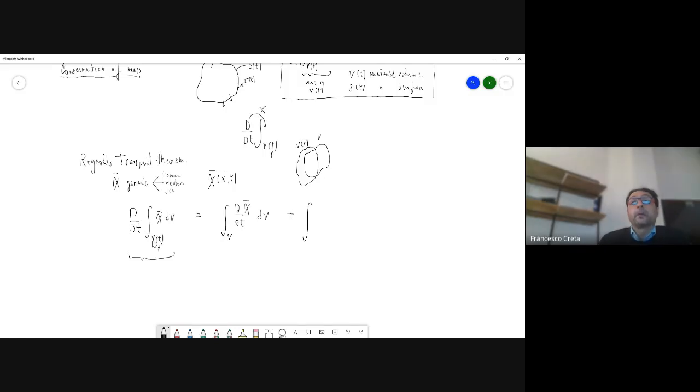At some point we freeze it, and this would be V, this would be S, the frozen surface. And what we have here is the flux through S. So how do you express the flux? Well, you have the velocity field dotted with the normal on S. So that's the normal.